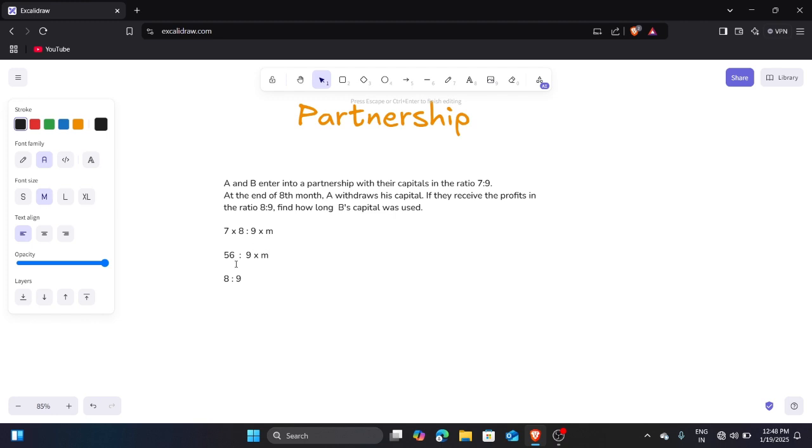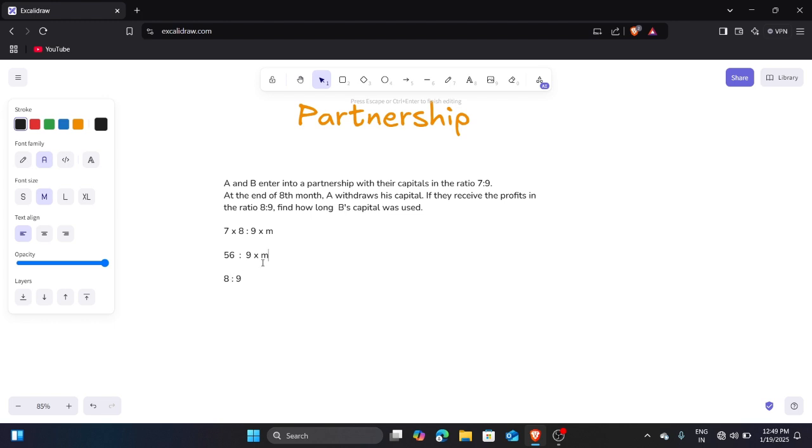If we divide with the same number, then only the ratio comes, then only the number simplifies and this ratio comes. It means if you simplify this number with 7, then only it comes to 8. Understand?